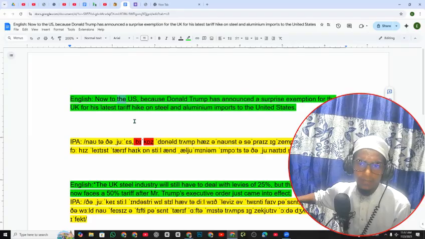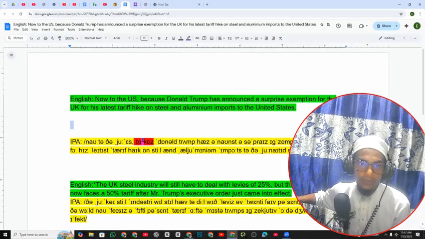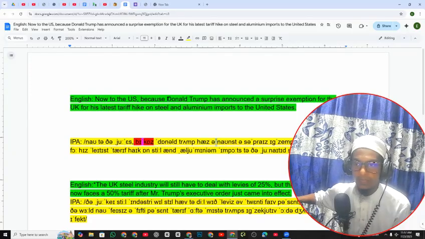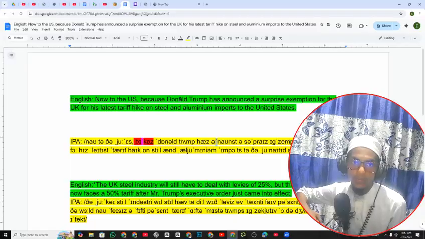If I mark this "because", in the IPA pronunciation we find there is a little sign. If I make it yellow, then it will be easy to find. We are watching a middle symbol. What kind of symbol is it actually? This means you need to put more pressure when you pronounce this word.